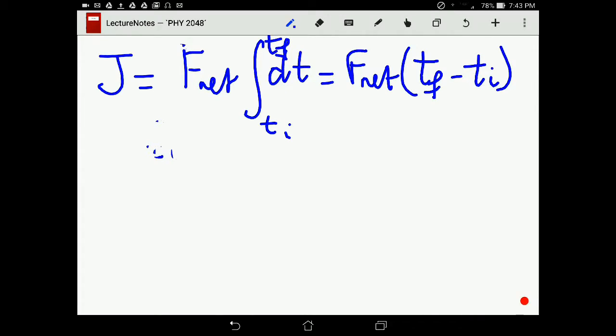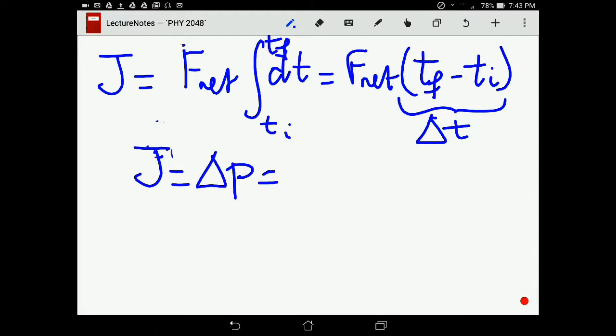And this we can refer to as delta t, as we've done many times. So we can say that the impulse, which is itself the change in momentum, is equal to whatever the net force is multiplied by delta t.